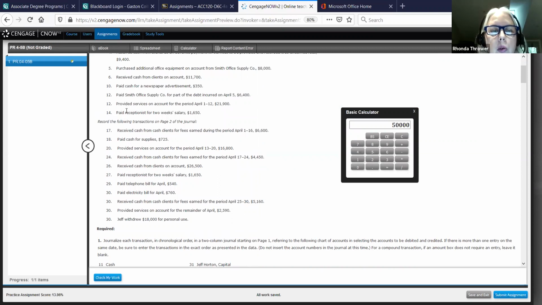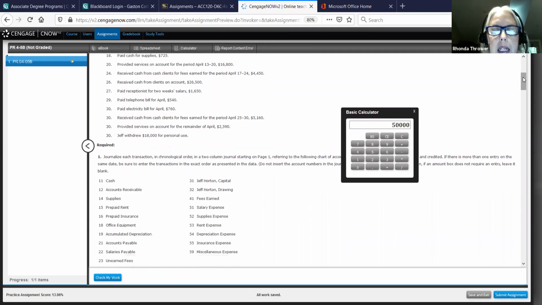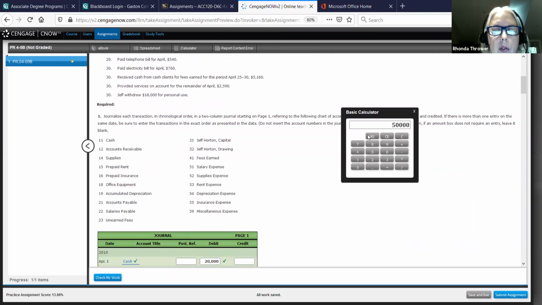On April the 12th, we provided services on account for the period of April 1st through the 12th, $21,900. Anytime we provide services on account, our accounts receivable is going to increase. Our revenue account will be increasing also.